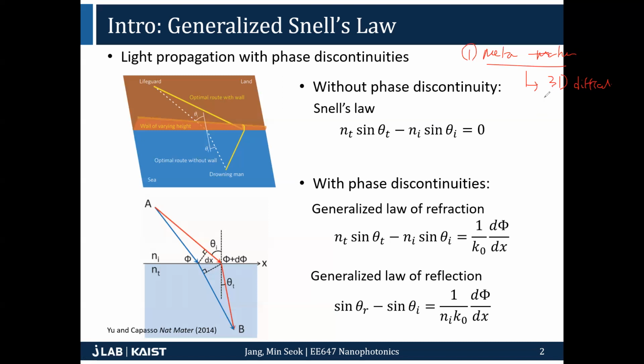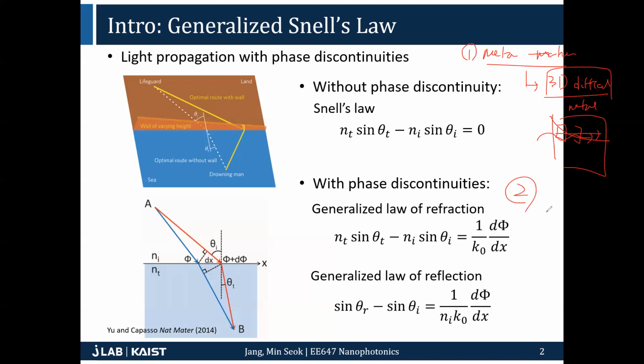And second, in order to use metamaterial, we want an electromagnetic wave to propagate through the metamaterial, but metamaterials are made of metals, right? Metallic structures, so that it's highly absorbing. So practically speaking, light cannot penetrate through the metamaterial that much. So that limits also the practicality of the metamaterials.